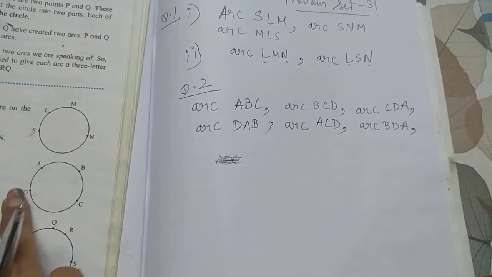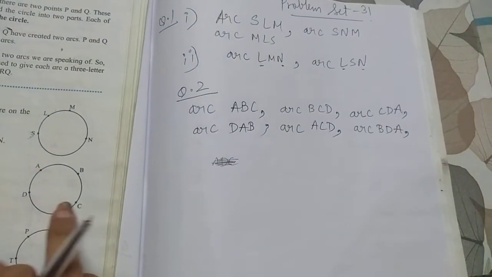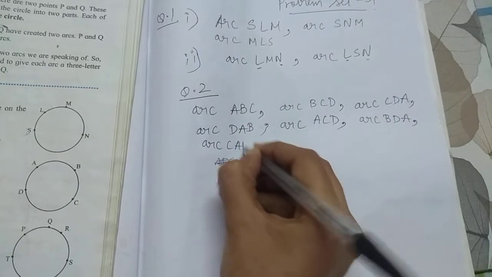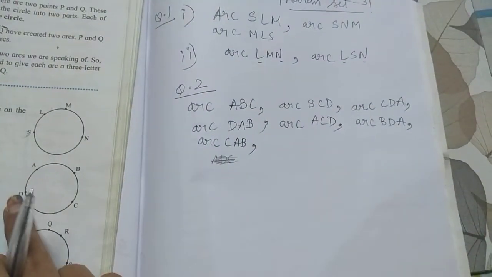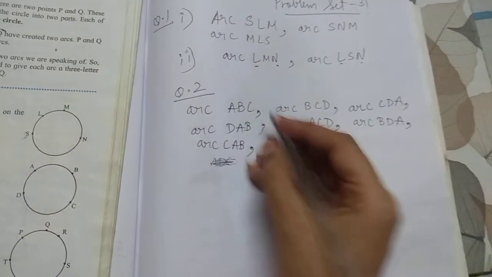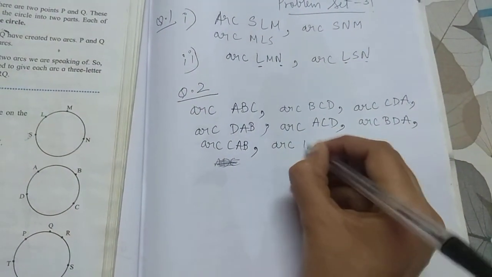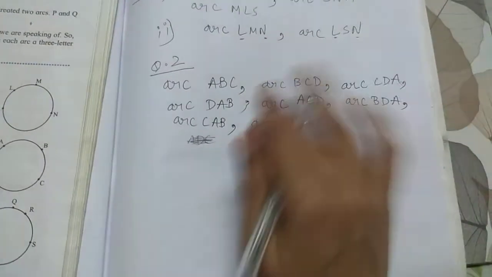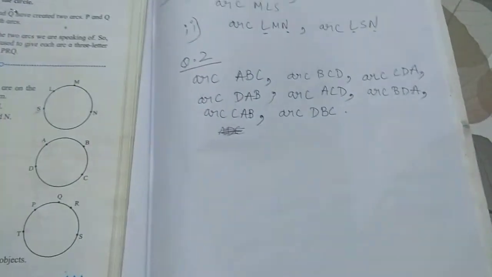Then C, I will skip letter D, then CAB. And same with D, I will skip letter A, so it will be DBC. So we are done with all the names of the arcs.